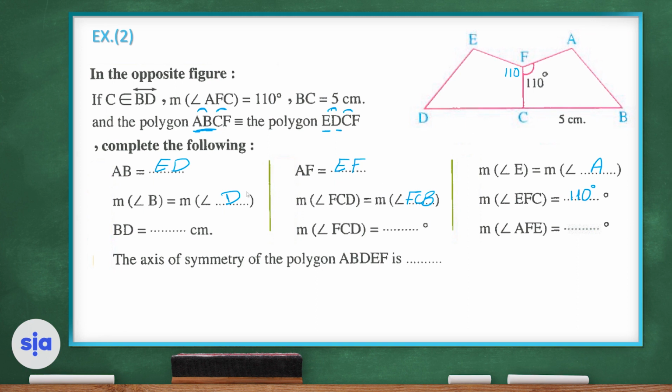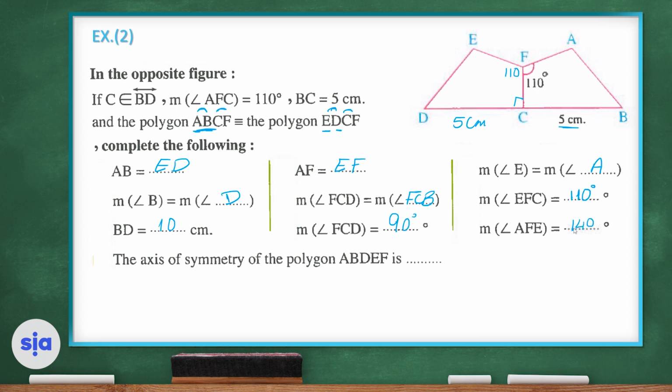The length of BD is what? If FC is given as 5 centimeters, then CD is also 5 centimeters. So BD is 10 centimeters long. The measure of angle FCD is 90 degrees, where the measure of angle AFE is 140 degrees.